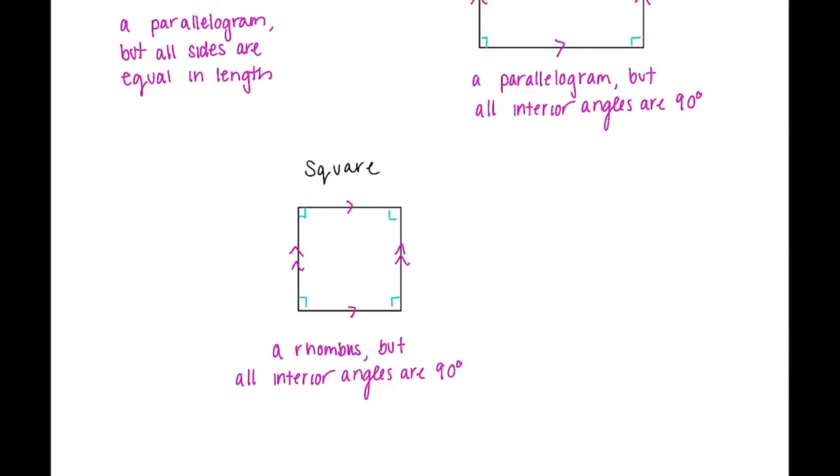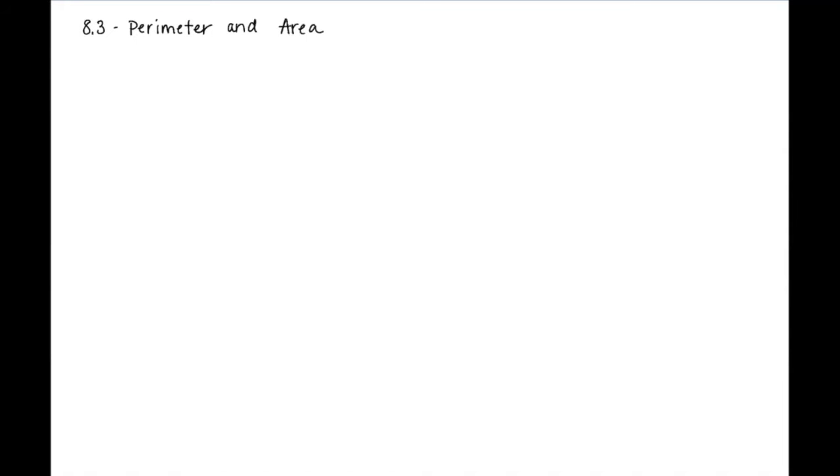So the next section we're going to go through, and that's going to be the last thing we do for today, is section 8.3, which is about perimeter and area. Okay.